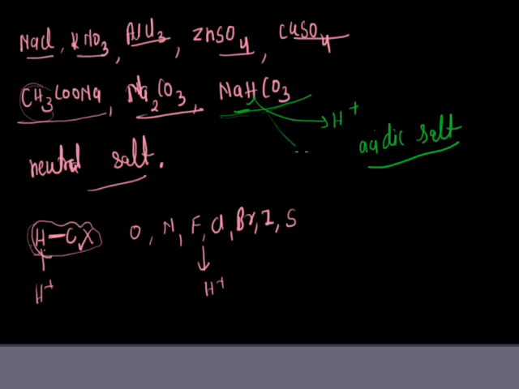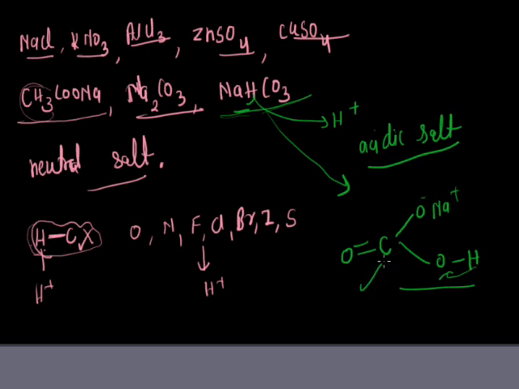If we draw the structure of this salt, it is like this: the C, O negative, Na plus, here is the OH. So this is the structure of NaHCO3. Now you can see in this structure, this hydrogen is bonded with this oxygen. This hydrogen is not bonded with the carbon. So that's why in that salt, that hydrogen has acidic character.